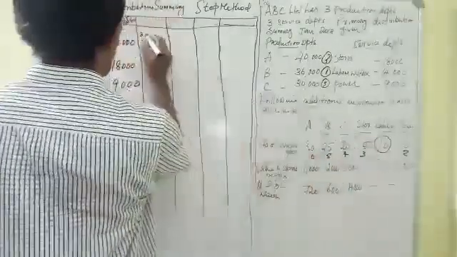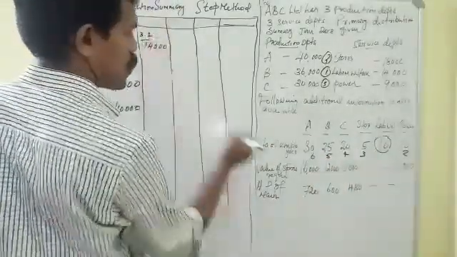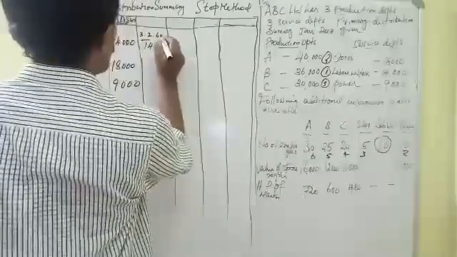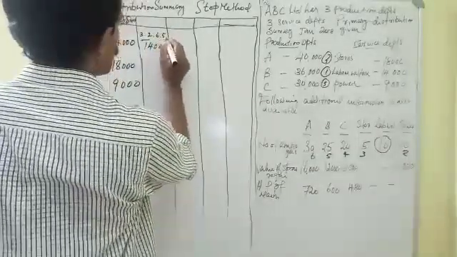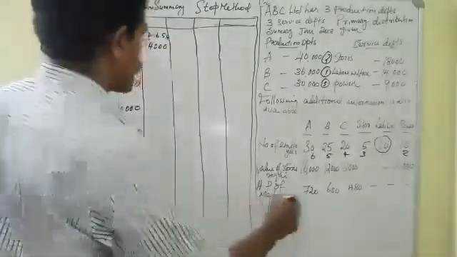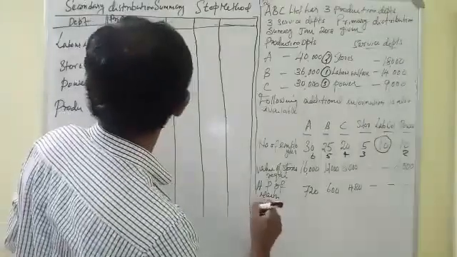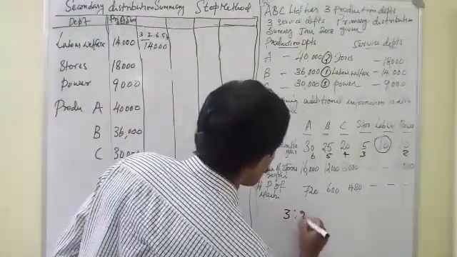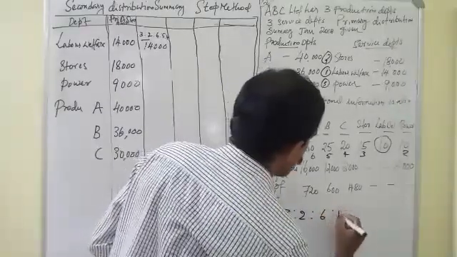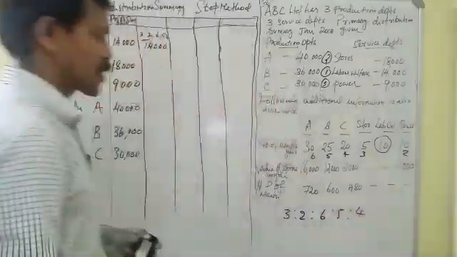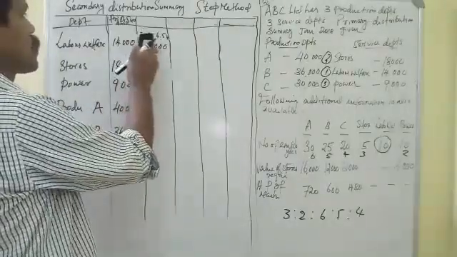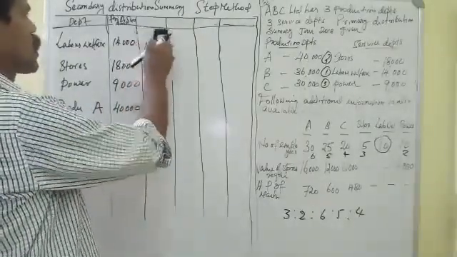Then for this power department, 2. Then A 6, B 5, and then C 4. Just for our convenience, I am writing these figures here: 3, 2, 6, 5, 4. In this ratio, we will distribute the labor welfare expense among other departments.